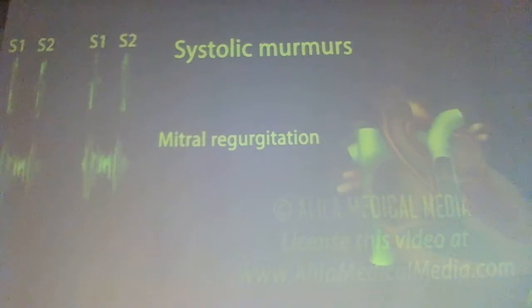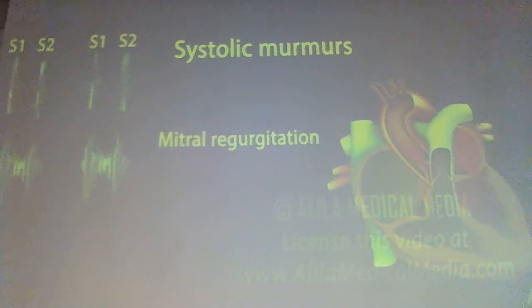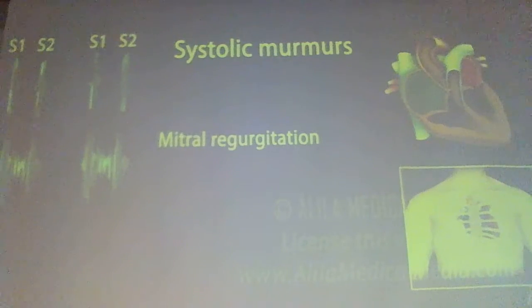The murmur starts at S1 when the AV valves close and maintains the same intensity for the entire duration of systole. This hollow systolic murmur is best heard at the mitral region, the apex, with radiation to the left axilla.